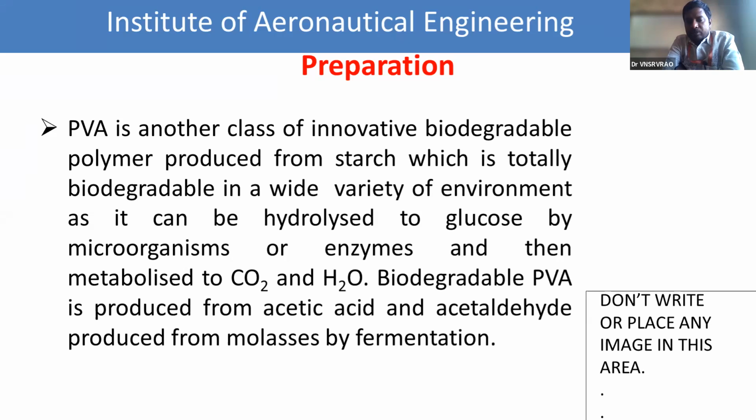Acetic acid and acetaldehyde are produced from molasses by the fermentation process. And this PVA is another class of innovative biodegradable polymers produced from starch, which is totally biodegradable in a wide variety of environments, as it can be hydrolyzed to glucose by microorganisms or enzymes and metabolized to carbon dioxide and water vapor.